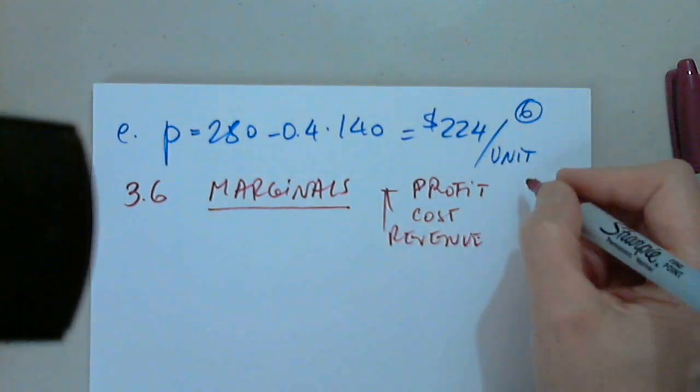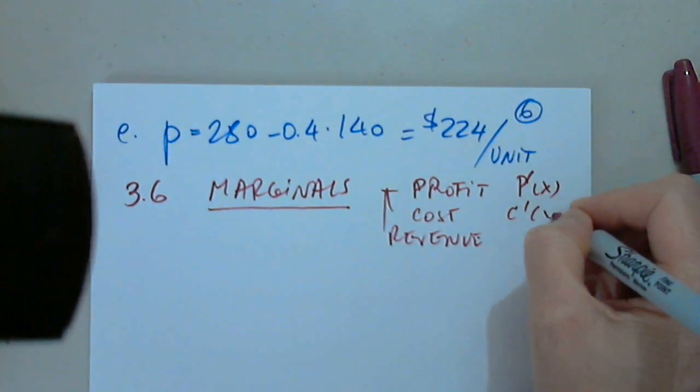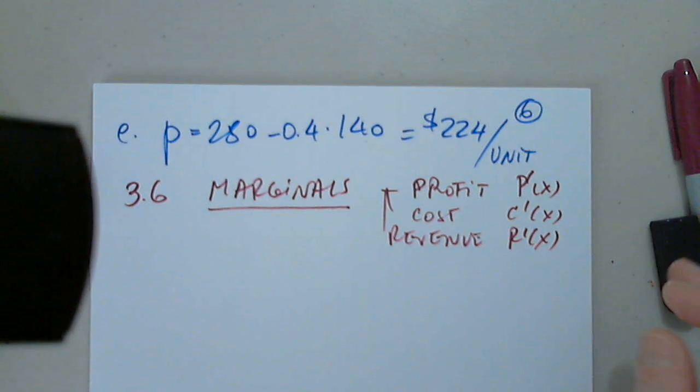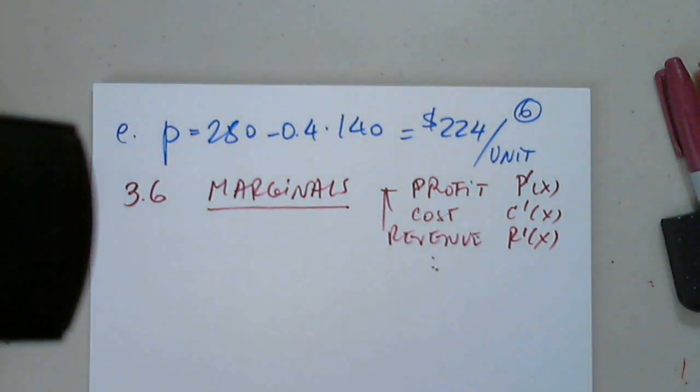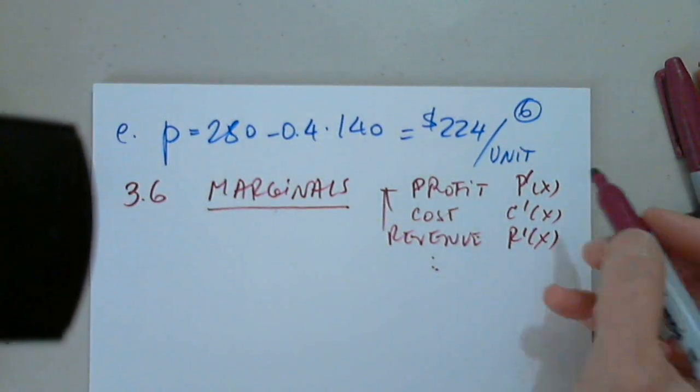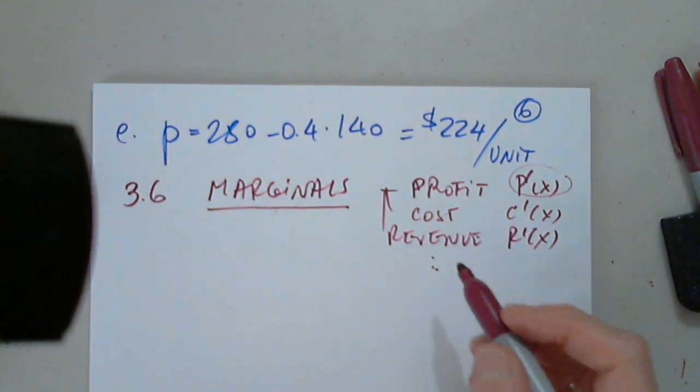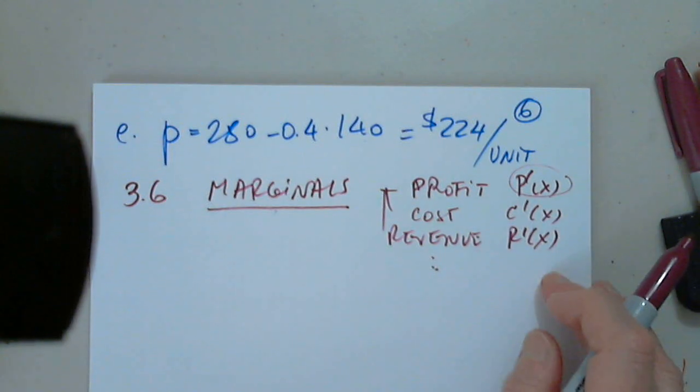What are they? P prime, C prime, R prime, and so on and so forth. There may be other functions that we want the marginal of. By marginal profit, we mean the first derivative of the profit, by marginal cost, and so on and so forth.